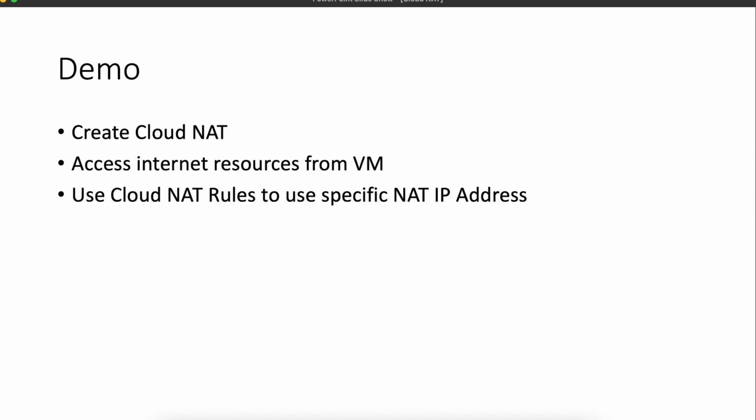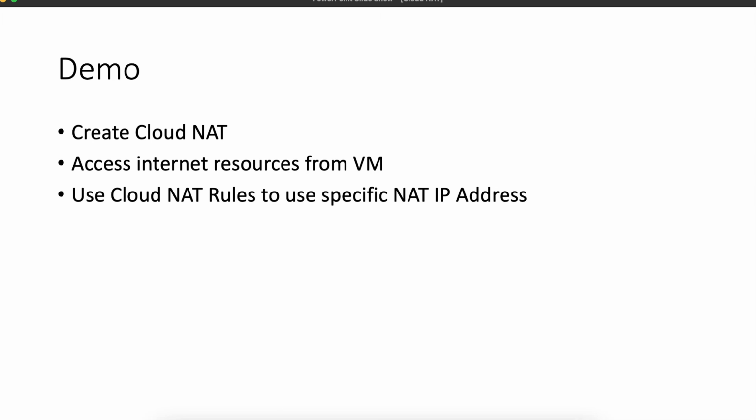Okay, now that we know what Cloud NAT is, why we should use it, and what the benefits are of using Cloud NAT as opposed to using your own VM as a NAT instance, we are going to do a demo where we will create Cloud NAT. We will set it up in such a way that our virtual machines should be able to access the internet and download updates without having a public IP or external IP address.